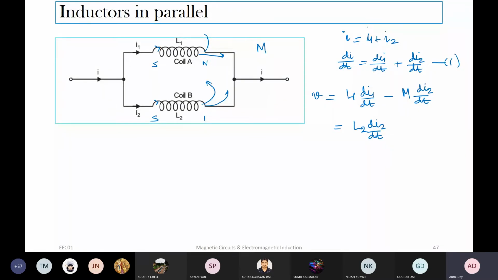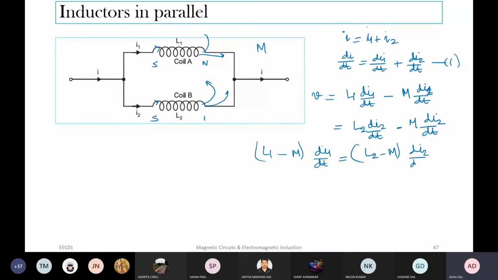Now we'll write it like this, di1 dt here. So now we can write L1 minus M into di1 dt is equal to L2 minus M into di2 dt.